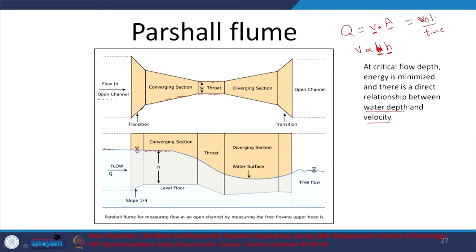Here it is subcritical, here critical or supercritical, and then again subcritical out here, let us say. So, I want to be able to come up with a way such that the depth of flow at that particular point is proportional to the velocity of flow. So, that is why we are constructing the Parshall flume, right.